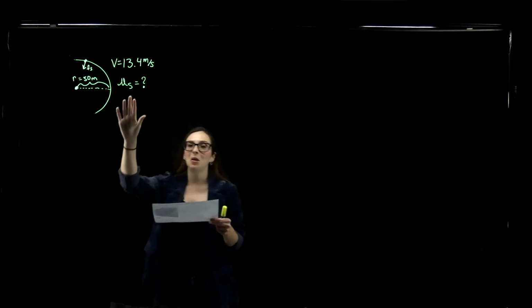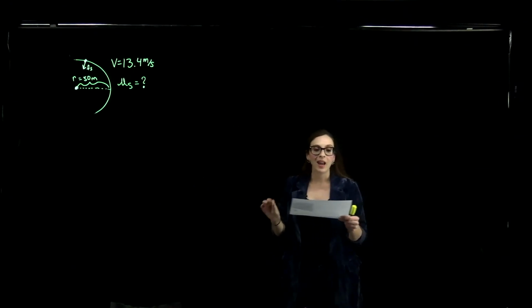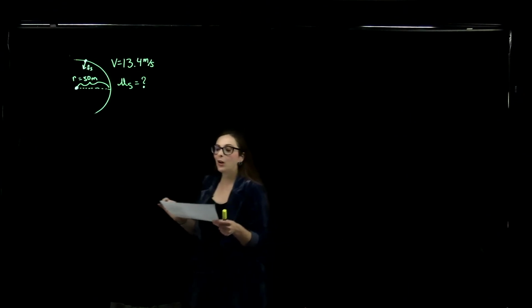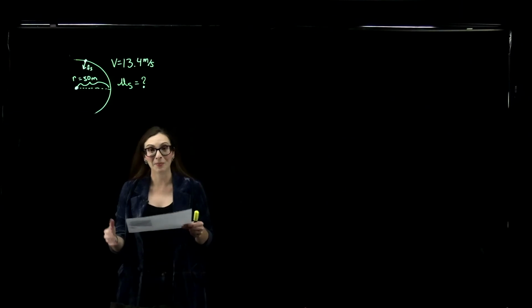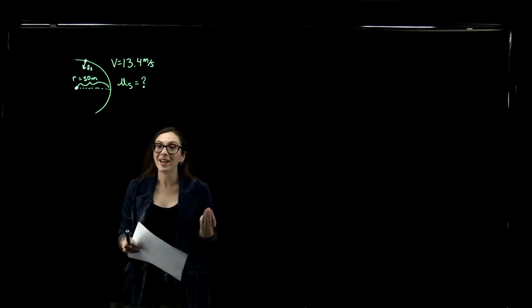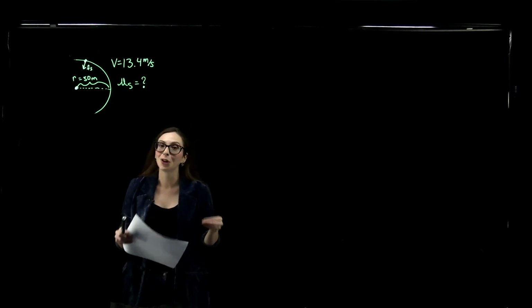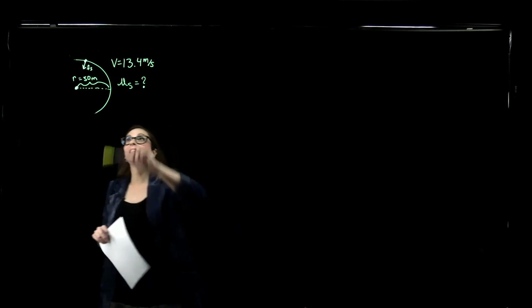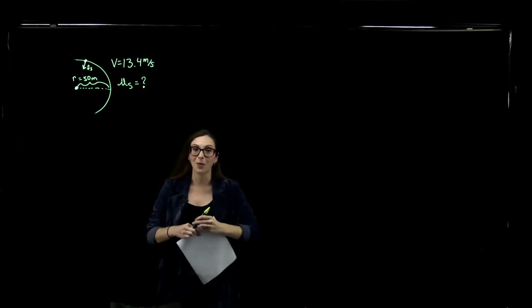What minimum coefficient of static friction between the tires and the roadway will allow the car to make the circular turn without sliding? Again, the thing that is providing us with the centripetal acceleration to make this turn is the force of static friction acting on the car.